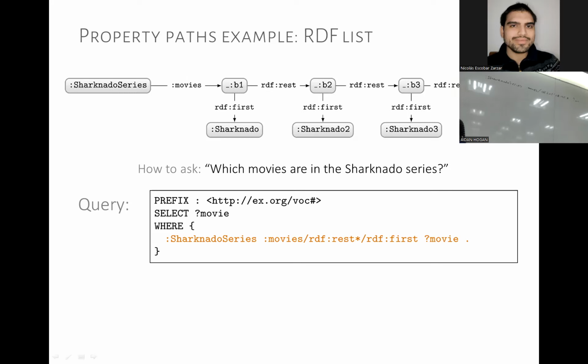It says movies followed by first, followed by rest, but we have no rest here, right? So how would we fix that? Yes, we need to change the position. We need to do it this way, right? So we need to do rest, star, and then RDF first.